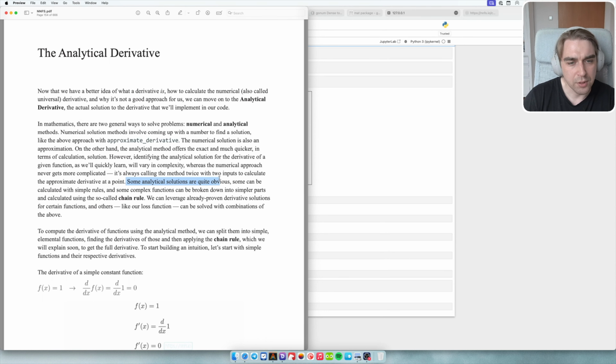Some analytical solutions are quite obvious, some can be calculated with simple rules, and some complex functions can be broken down into simpler parts and calculated using the so-called chain rule. We can leverage already proven derivative solutions for certain functions, and others, like our loss function, can be solved with a combination.